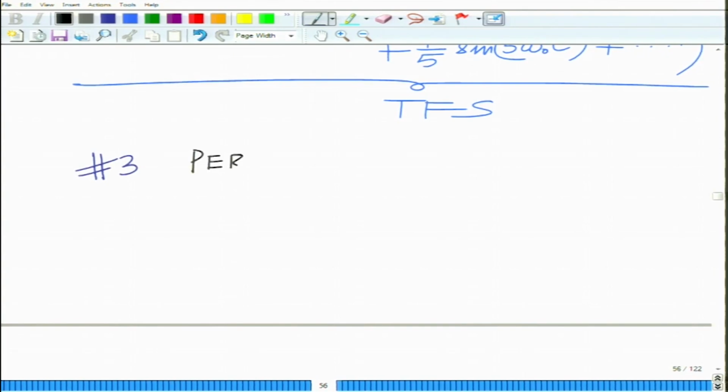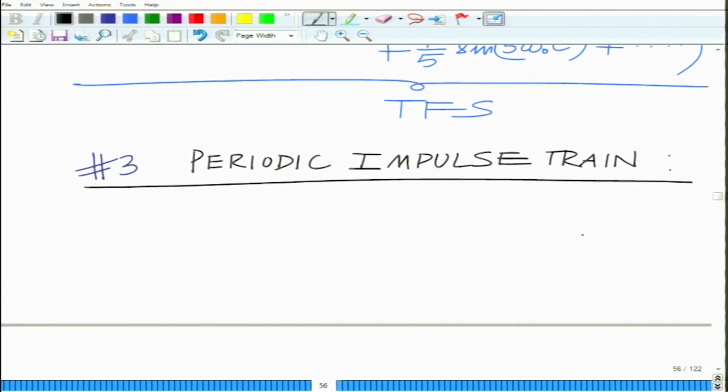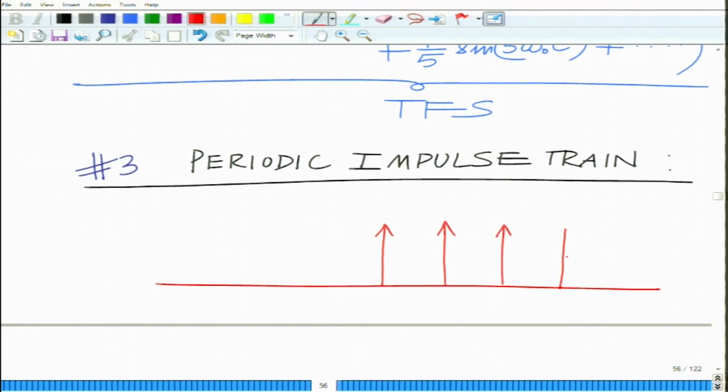It is the periodic impulse train, which is basically a train of impulses, a train of successive impulses at a spacing of t naught.